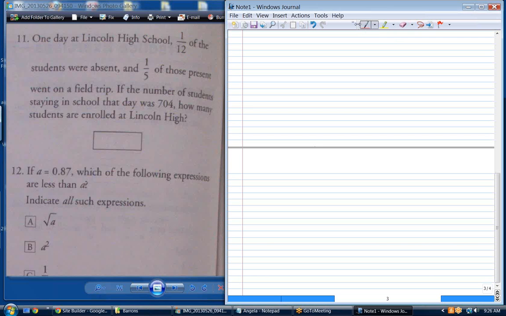I think that the secret to solving word problems is to always start off with the same first step: define your variable and what it is. Usually you can look at the last part of the last sentence and it'll tell you directly how many students are enrolled. So let's let S equal the number of enrolled students.